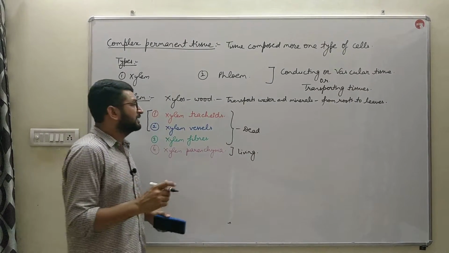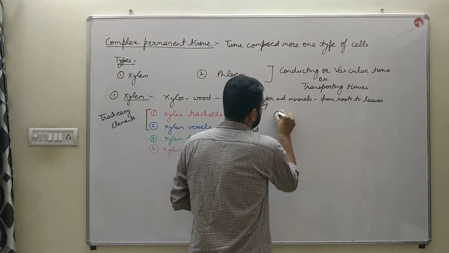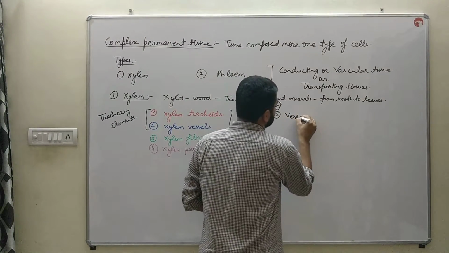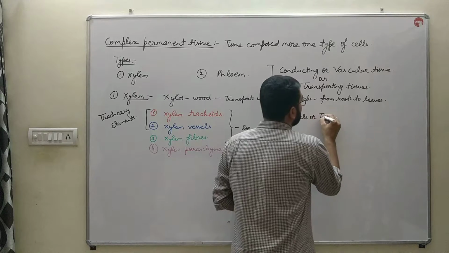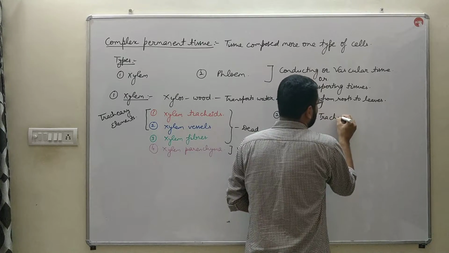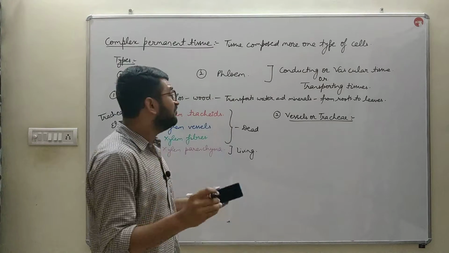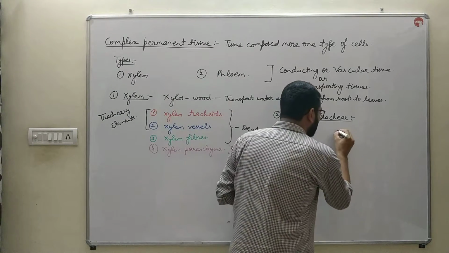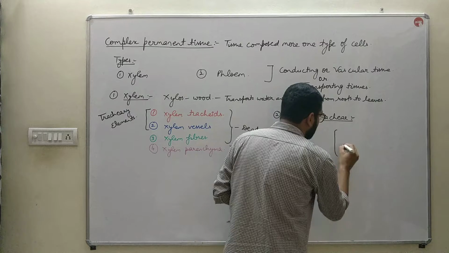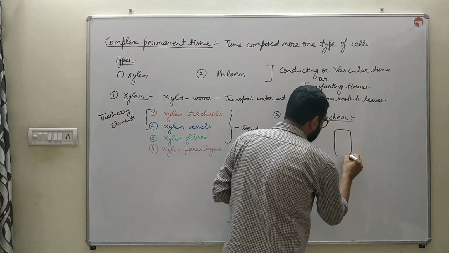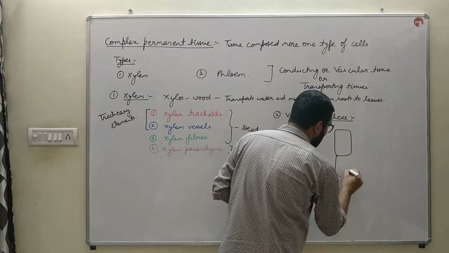The second part which we will discuss is xylem vessels, also known as tracheae. Xylem vessels are the dead part which is formed when the cells join together end to end.